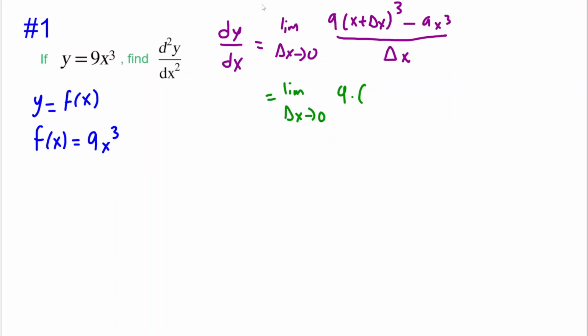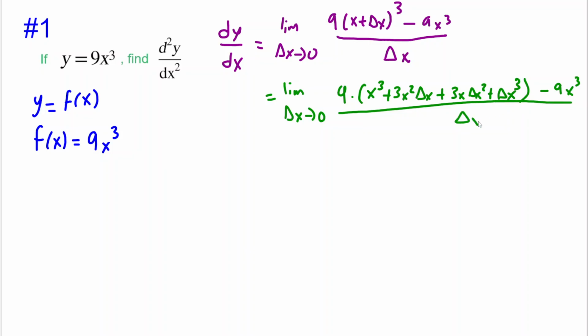Feel free to actually FOIL it out, but I'm just going to use this: x cubed plus 3x squared delta x plus 3x delta x squared plus delta x cubed. Okay, I think that's it. And then minus 9x cubed all over delta x here.